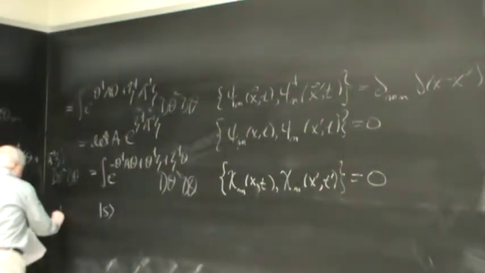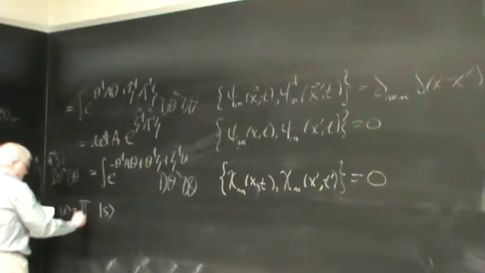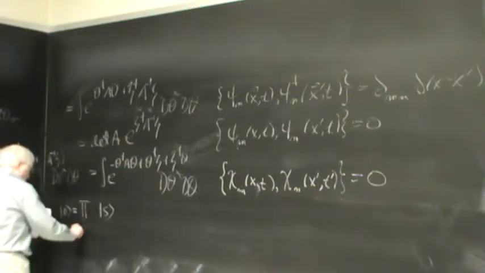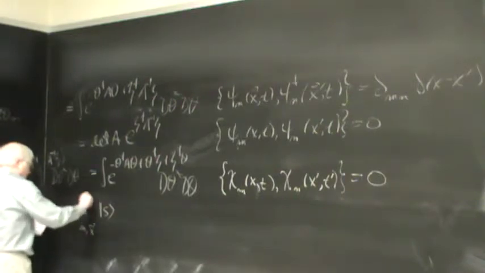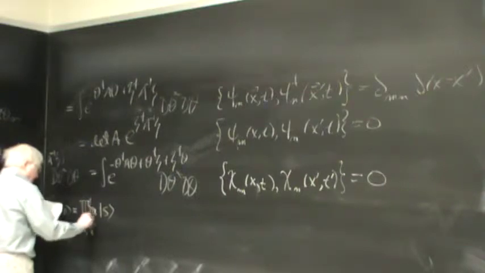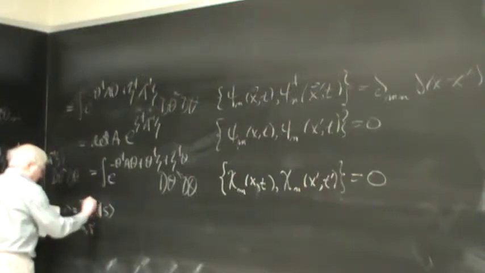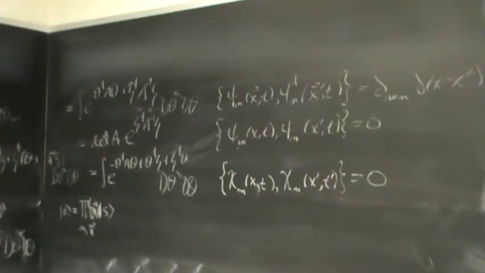Then we're going to define the ground state as the product over all m and over all space points of psi m of x, and let us say times 0. That was a 0, not theta. We don't want to grasp in time.